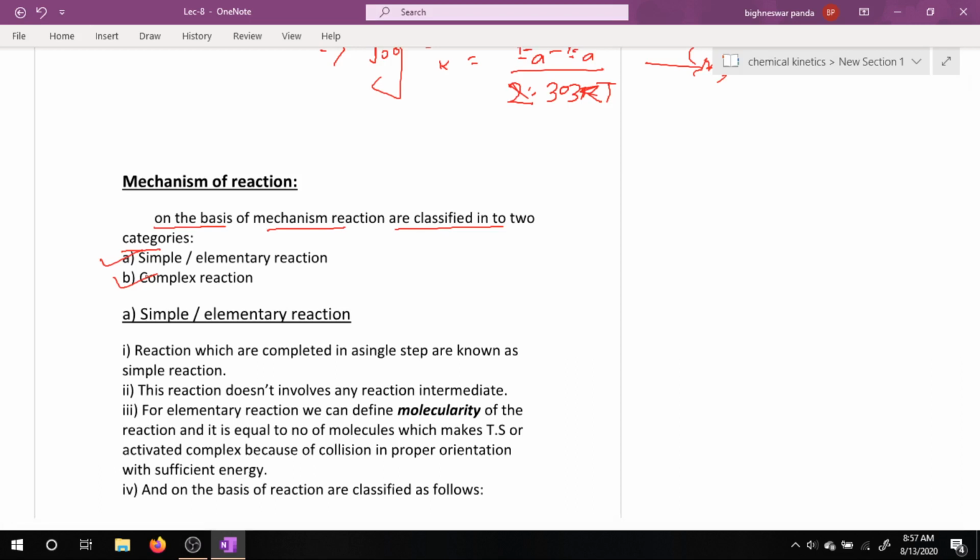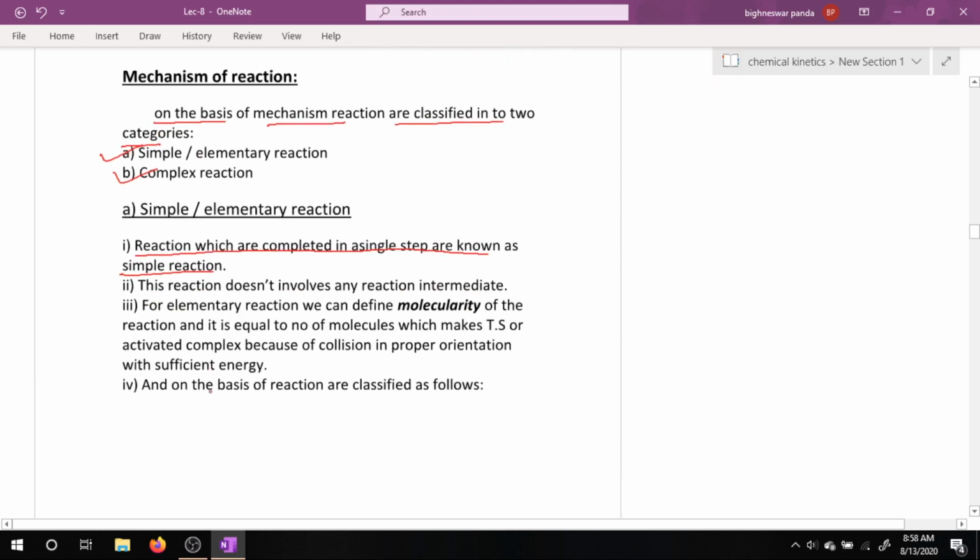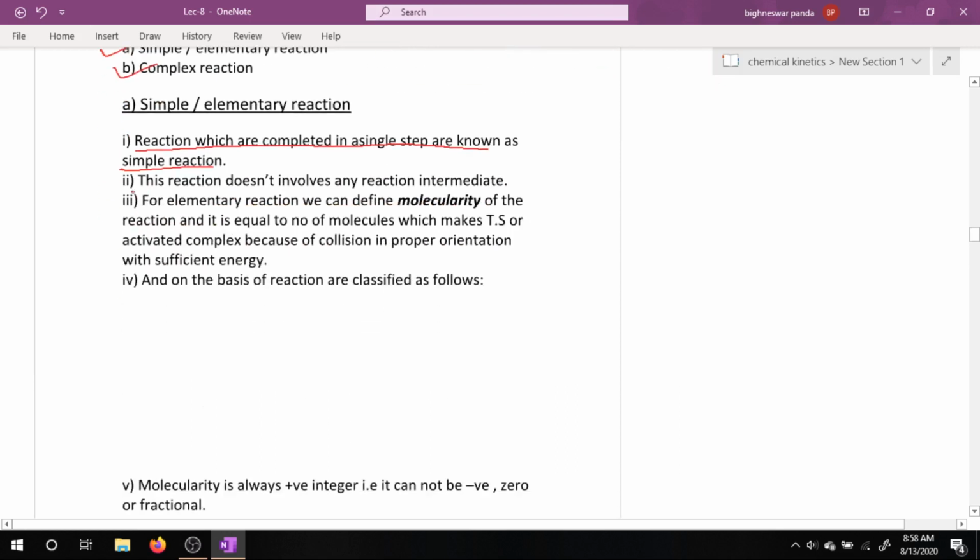Reactions which get completed in one step are called simple or elementary reactions, and these reactions do not involve any reaction intermediates like carbocation, carbanion and free radicals.